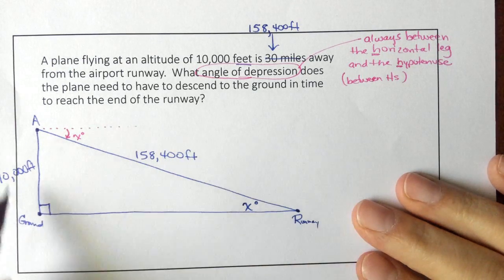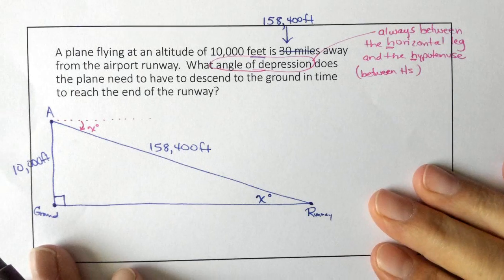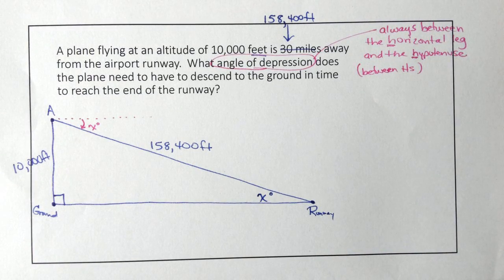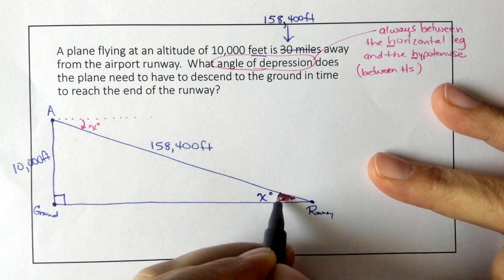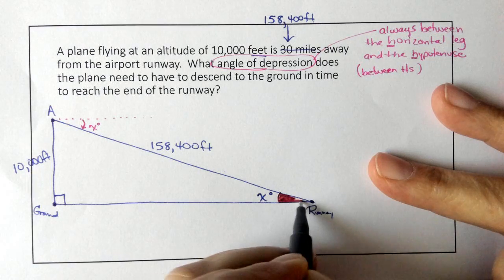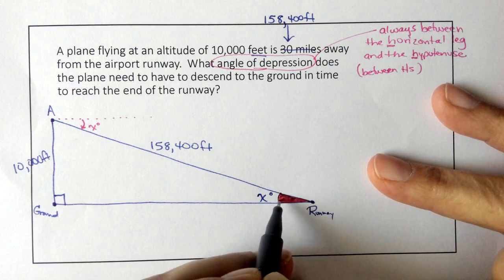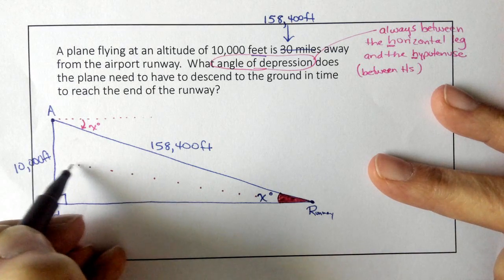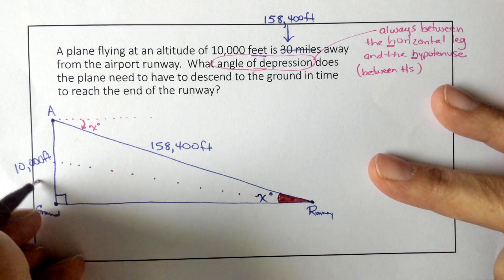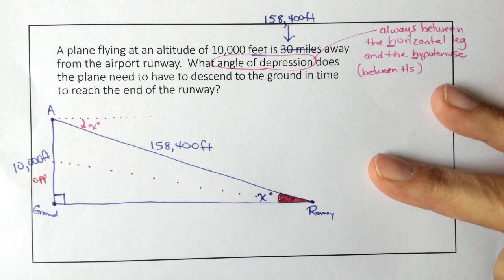So here's the picture. Okay? We need to label the sides that we know the lengths of. The angle that we're trying to find is down here in the bottom next to the runway. That's our angle of depression inside the triangle. If I look across the triangle from that, the altitude of the plane is the opposite leg.